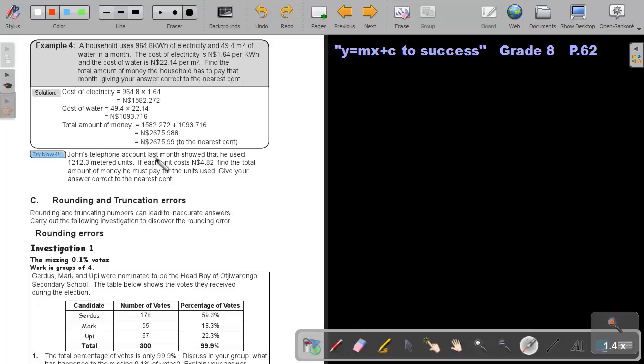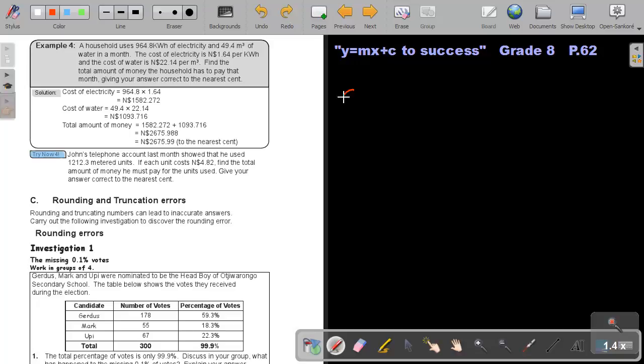Okay, let's read. John's telephone account last month showed that he used 1212.3 metered units. If each unit costs 4.82 Namibian dollar, find the total amount of money he must pay for the units used. Give your answer correct to the nearest cent. Okay, so let's start doing that one. Basically we're just going to multiply first.